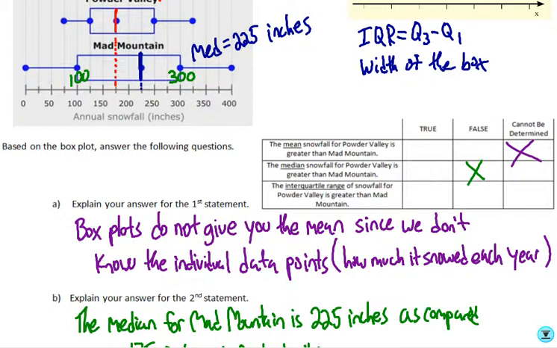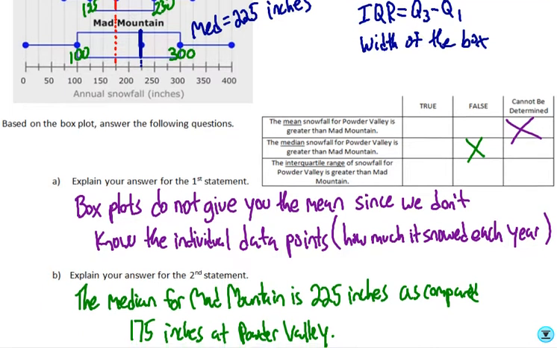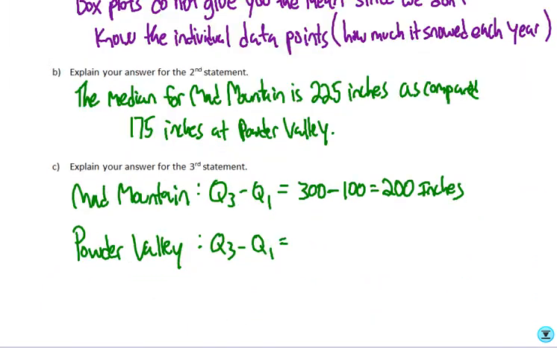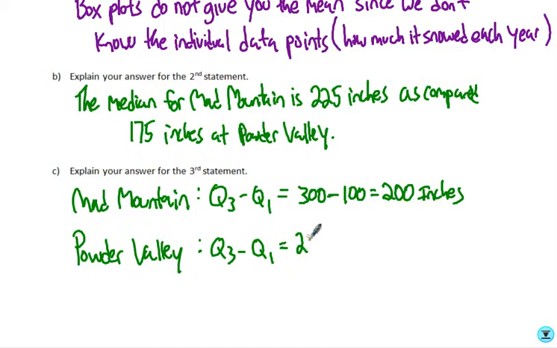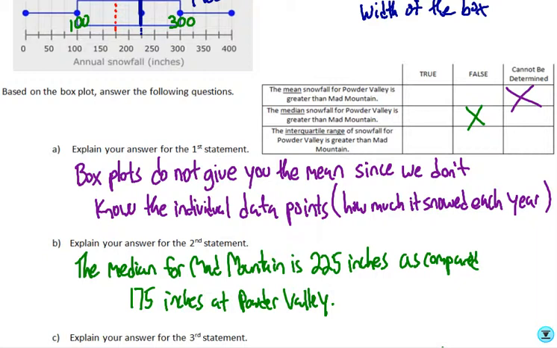It looks like this would be 250, and then this would be 125. So 250 minus 125 would be 125. And I think the problem said Powder Valley had the greater interquartile range. Well, no, Mad Mountain does, so that's false.